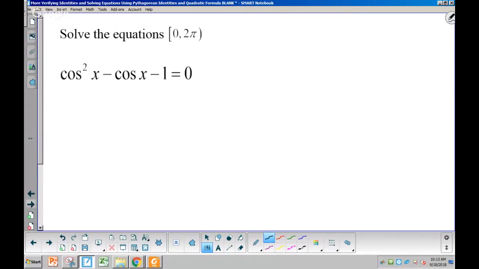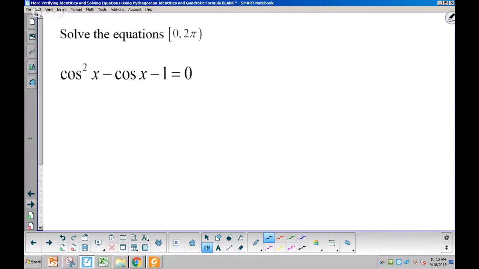All right. So that's the quick review of verifying. And now we're going to solve some equations. Well, so far when we've been solving these quadratics, what have they done? We've been able to factor them. Are all quadratics factorable?